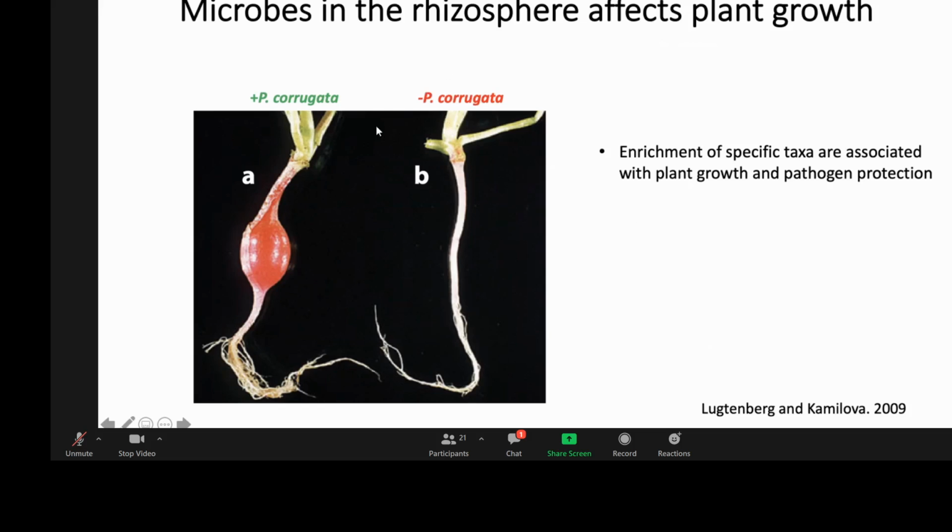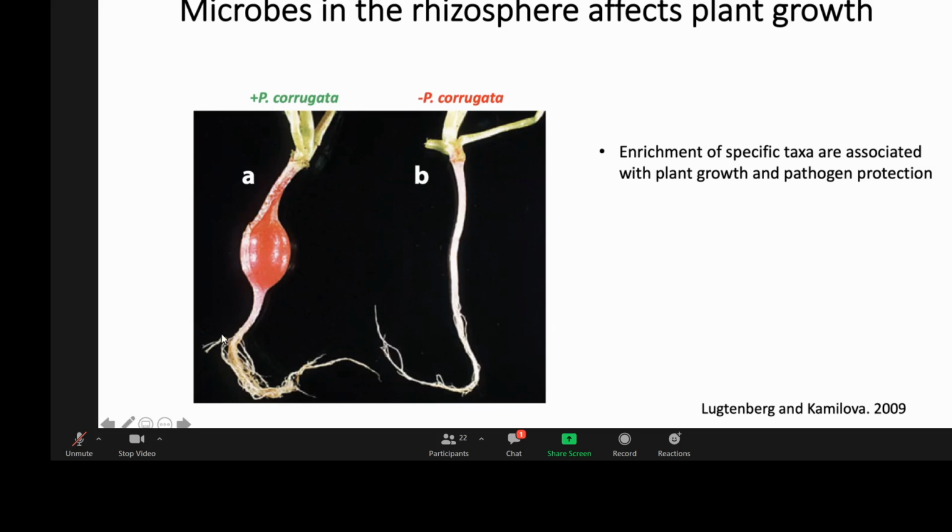And what you can see very distinctly is the development of the plant root when it is colonized with the bacterium as compared to when it doesn't have the bacterium present. So there's some beneficial relationship as a result of having this bacterial species present.